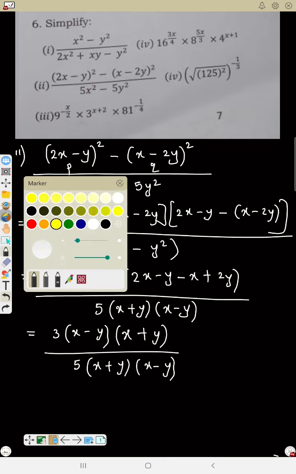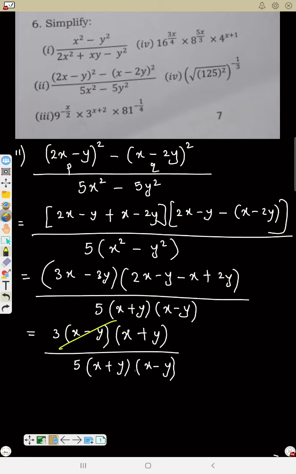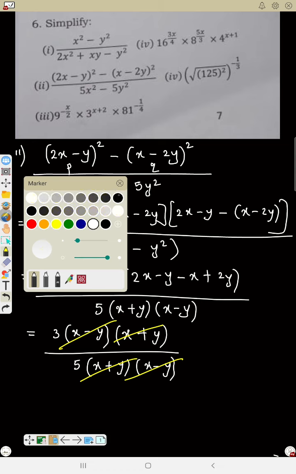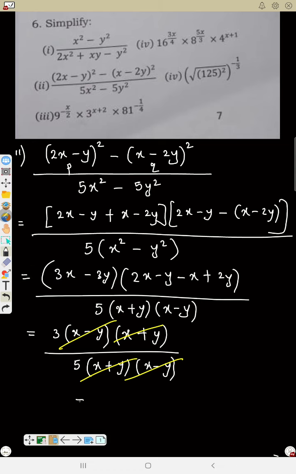We can see here that x minus y will cancel out, and x plus y will cancel out. So our final answer is 3 over 5. That means the answer to this question is 3 over 5.